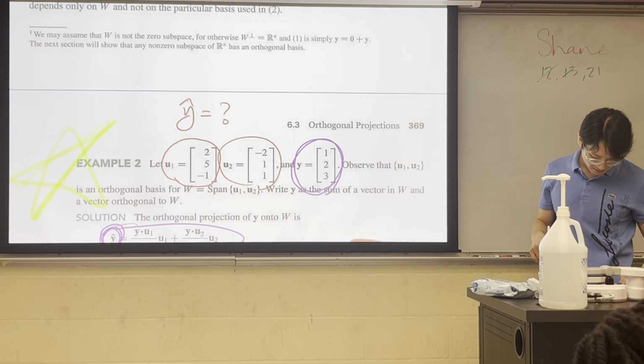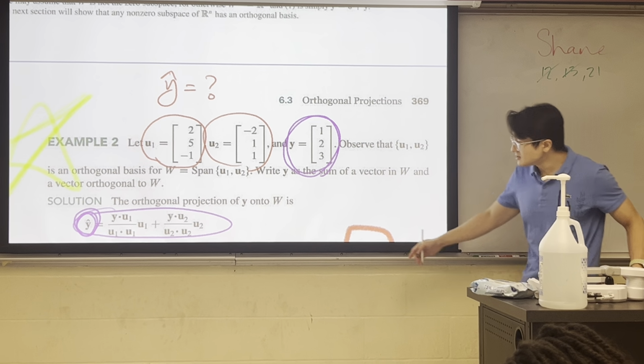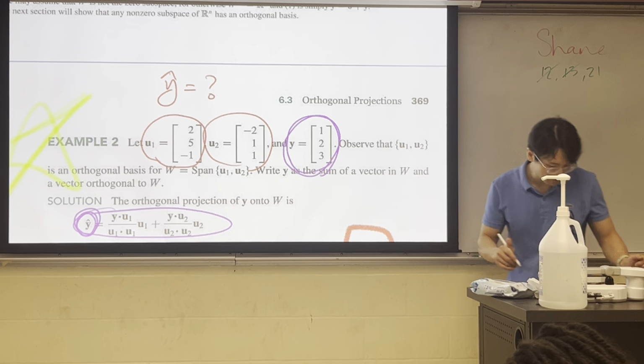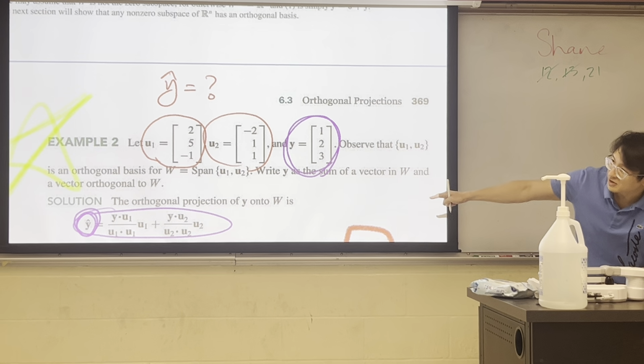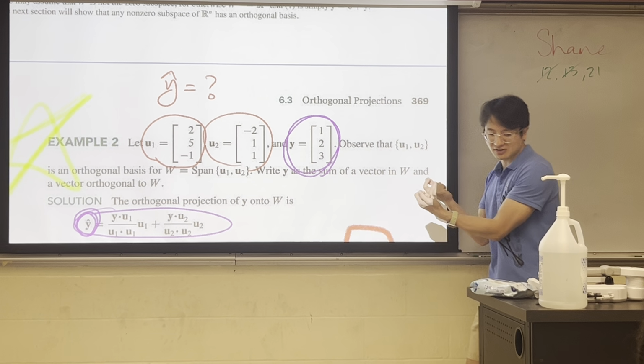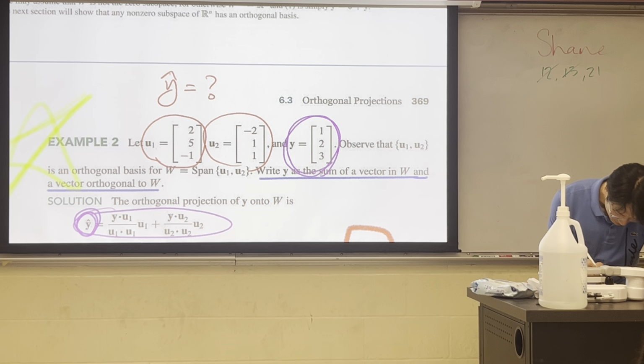Look at this. The answer is the same, but what is being asked is different. The formula that you're using is the same, but the answer you have to give me is different. Here, write y as the sum of a vector in W and a vector in W perp.